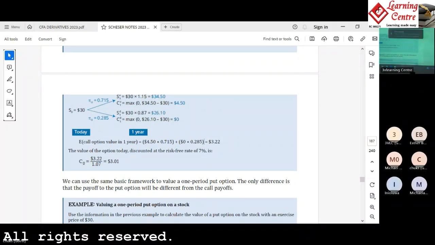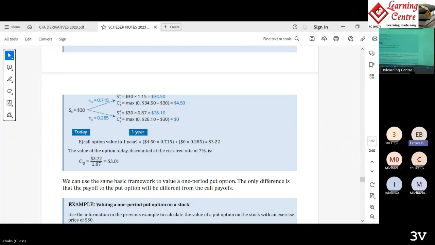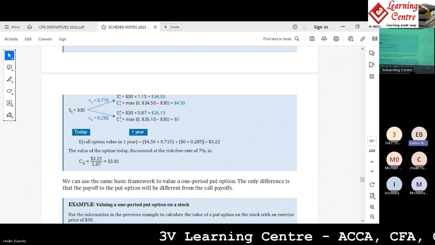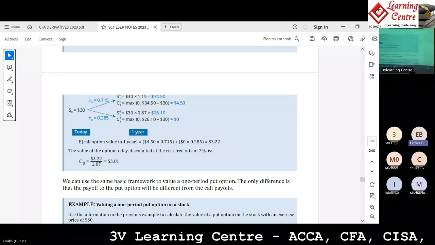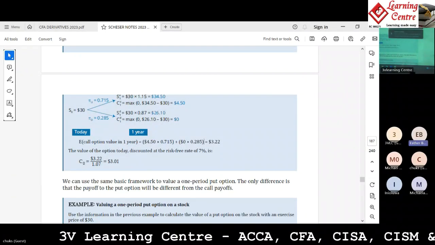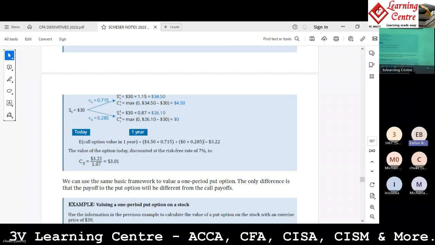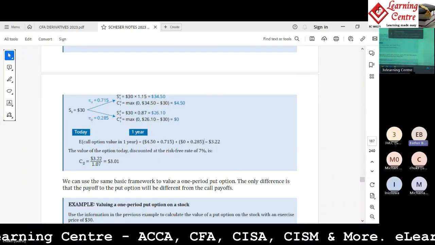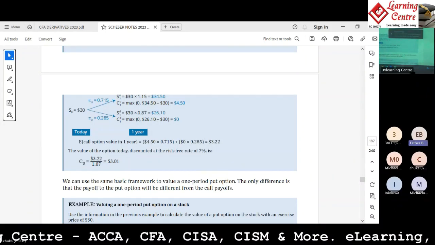Okay, Esther, can you run me through how you got 1.038? I didn't calculate the probabilities again, I just used the same 0.715 and 0.285. For the first value it is zero, because when the price moves up to 34.50, the value is zero since it's a put option.